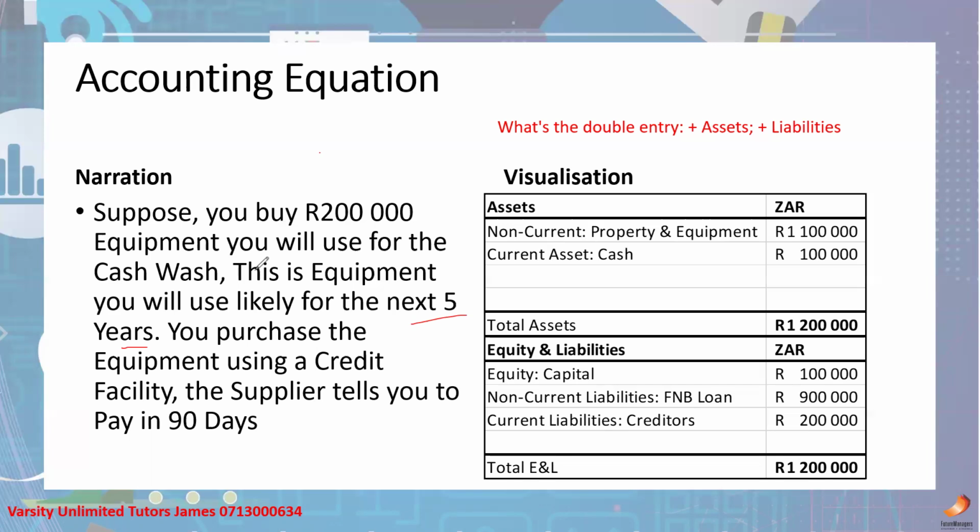You tell them, look, guys, can I pay you for the equipment in 90 days? And they approve the account. So which means you now have another asset. Remember, you had the property for 900. Now you have property and equipment under your non-current assets. It's now 1.1 because there are two things there, property and equipment. But also, you now have a current liability of 200,000. If you add everything up, do you see 1.2, 1.2 on both sides? Again, we go further.